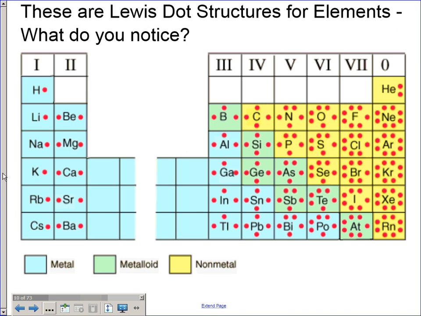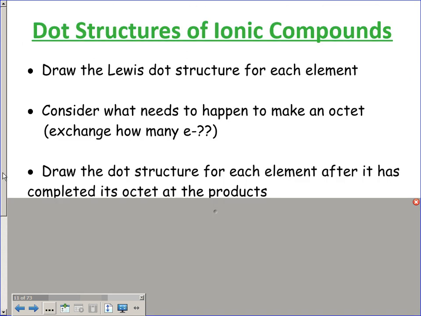Group 1, how many valence electrons does group 1 have? 1. Everything in group 1 has 1 valence electron. You see 1 dot. Everybody find chlorine. Chlorine's in group 7. How many valence electrons does group 7 have? 7. It's really easy. If you can tell the group number, you can tell the valence number. So if I'm drawing sodium, I'm going to draw it with 1 dot.